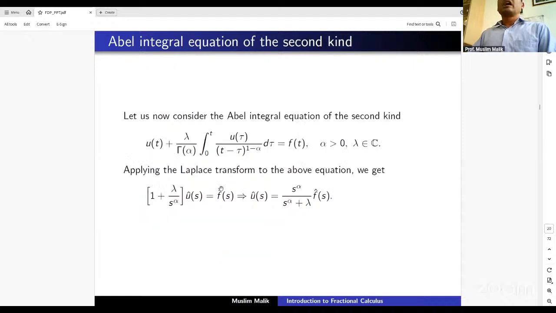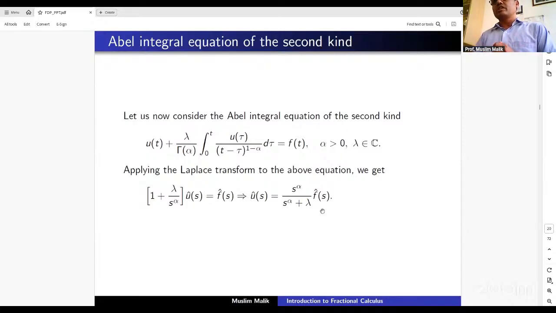This is also the second kind of Abel integral equation. We can find the solution in the same way by applying the Laplace transform, and then we can replace the resultant equation in two forms.